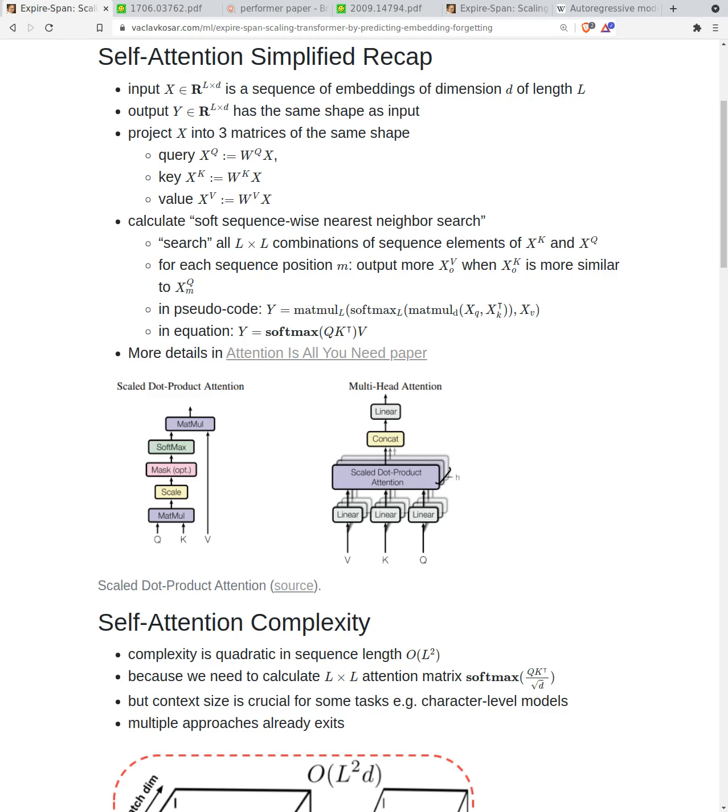So for all L times L combinations of the sequence elements from the key embeddings and query embeddings sequences, we find, for output position M, the maximum of the correspondence between key and query, and output the value corresponding to the most matching key.